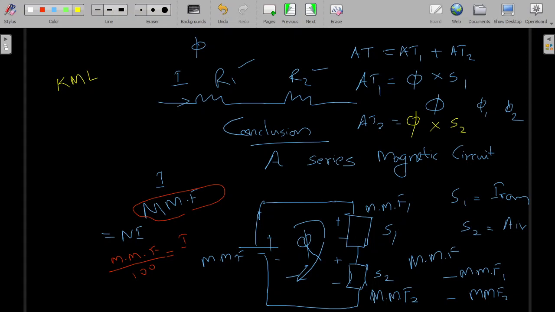In order to find this AT1 and AT2, what we have done is calculate the reluctances S1 and S2 and multiply with phi.